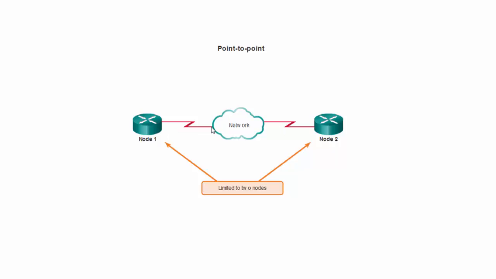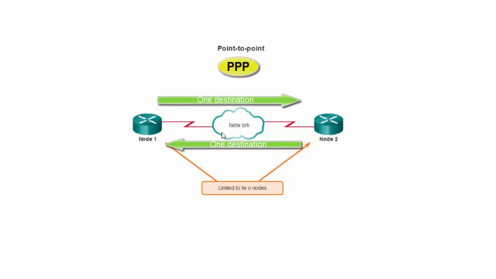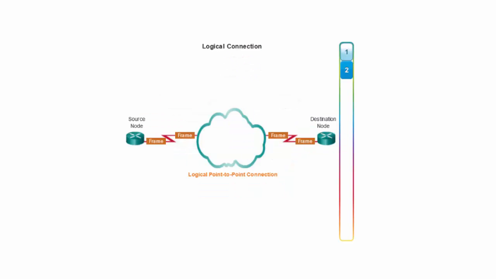Because the participating devices here are only two, the access to the medium will be rather simple, and there are some simple protocols like PPP which are used to organize the access to the connection in that case.